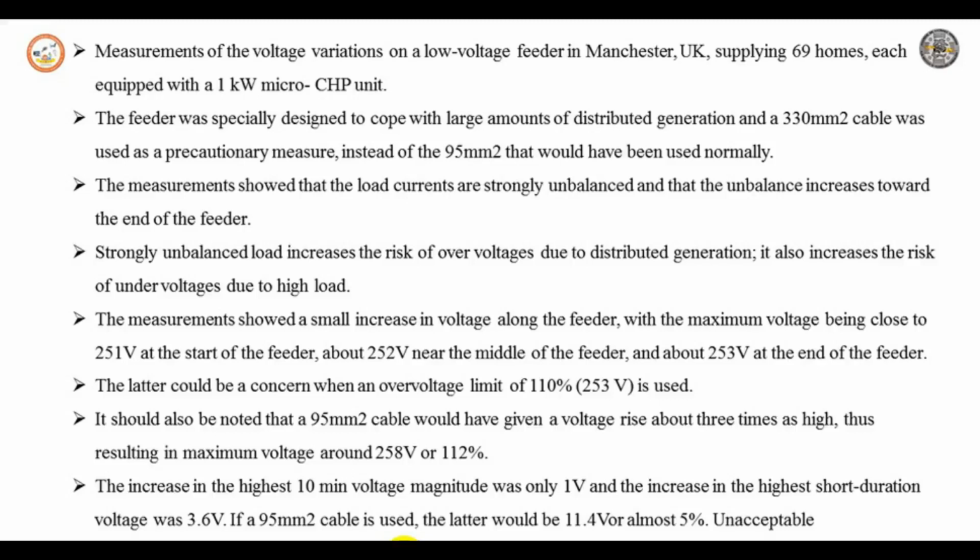So in this case, they added a small micro CHP to the power network, where the maximum production of the micro CHP is about 1.2 kilowatts, with a power factor that is not an accurate value but an assumed value of 0.98, for 100% of houses equipped with this micro generation.